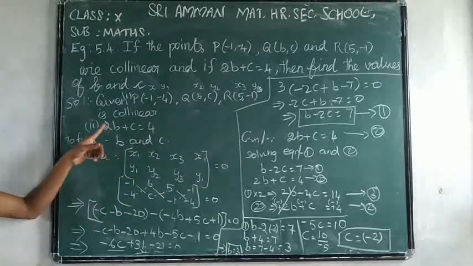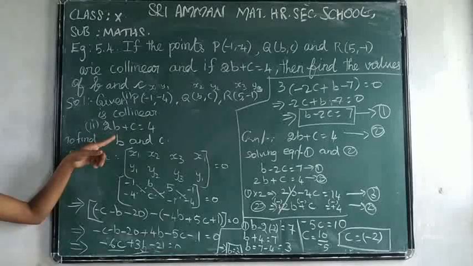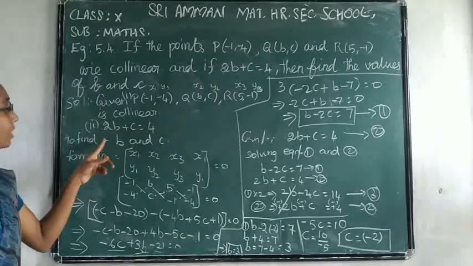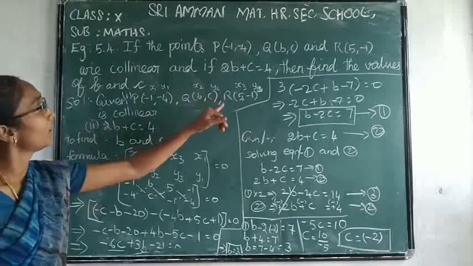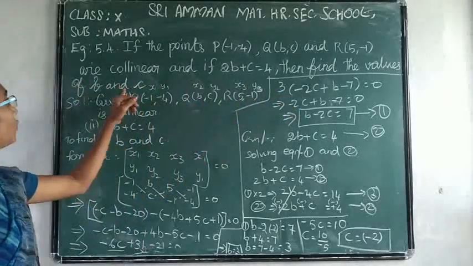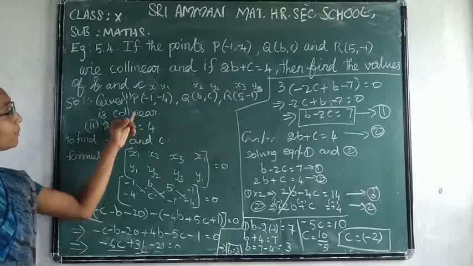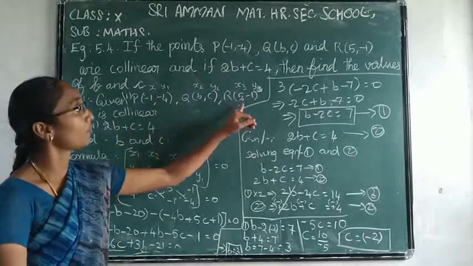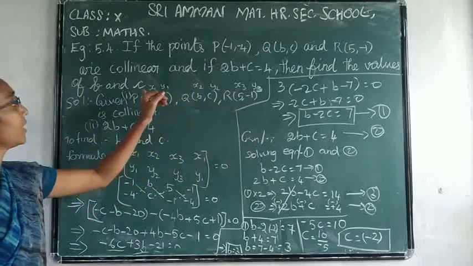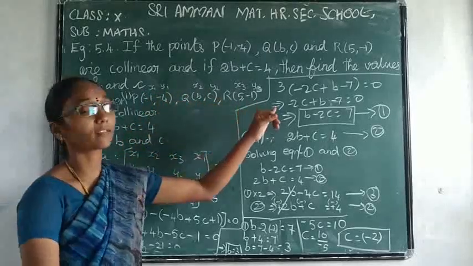Also 2b plus c equal to 4 is given. To find b and c, you need to find the values of b and c. Now consider the points P of minus 1 comma minus 4, Q of b comma c, R of y comma minus 1 as x1 y1, x2 y2, x3 y3.